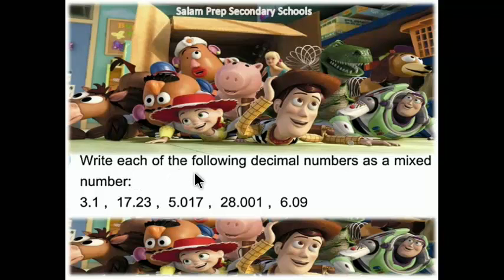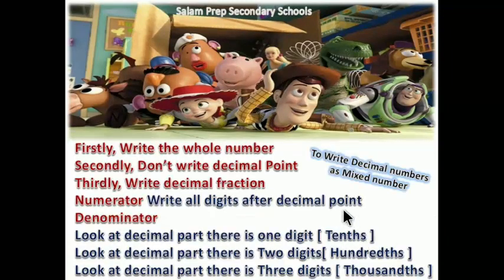Write each of the following decimal numbers as a mixed number. To write decimal numbers as mixed numbers, you should do as follows. Firstly, write the whole number. Secondly, don't write the decimal point. Thirdly, write the decimal fraction.